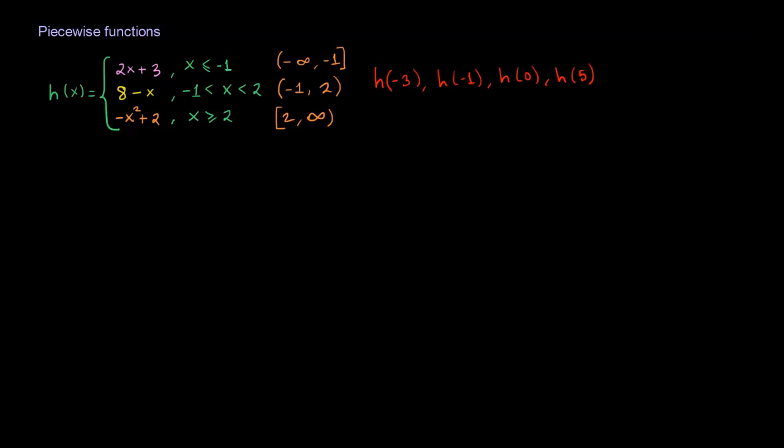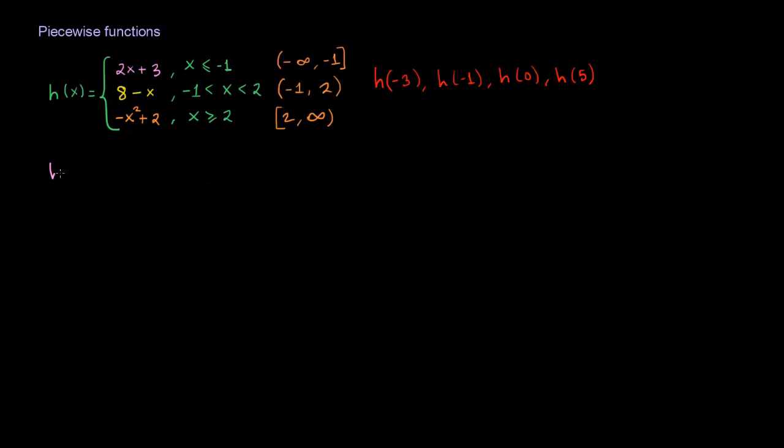So let's start with the first one, h of -3. We have to look for which part of this piecewise function the -3 falls in. It falls into less than or equal to -1, so we have to use this piece of h of x.